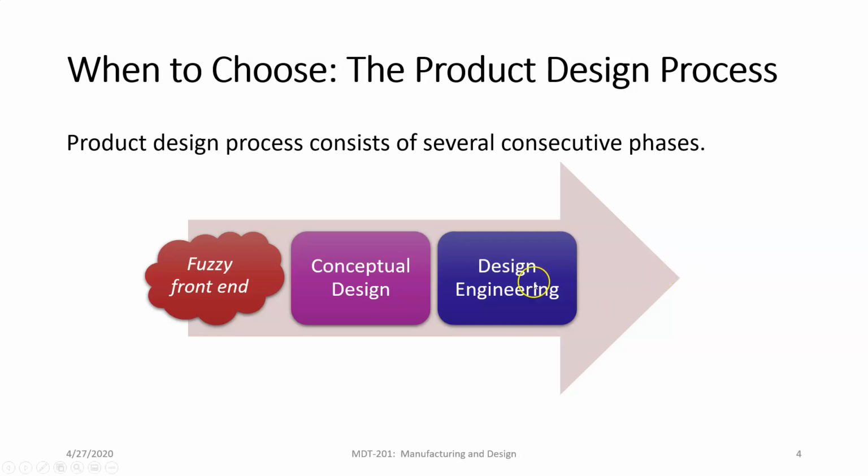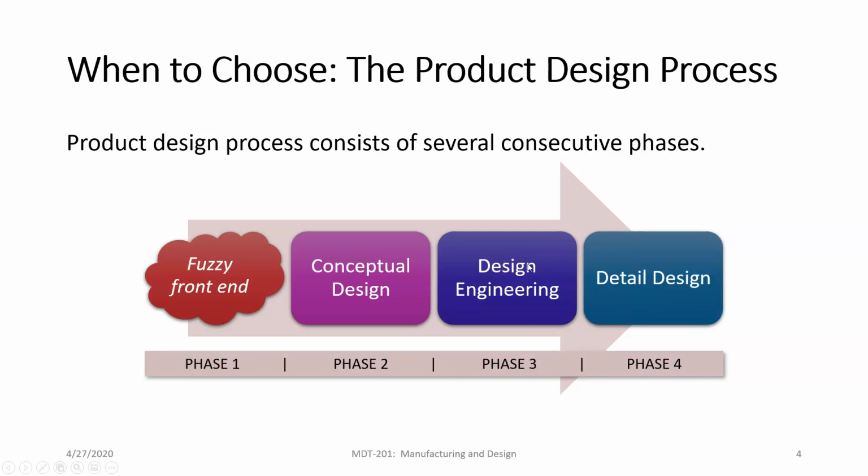Now, there's still feedback here, so things could change if we reach a roadblock or something crops up that we didn't count on before. But generally speaking, now at the design engineering stage, we're actually designing the product, working out all the bells and whistles and details here.